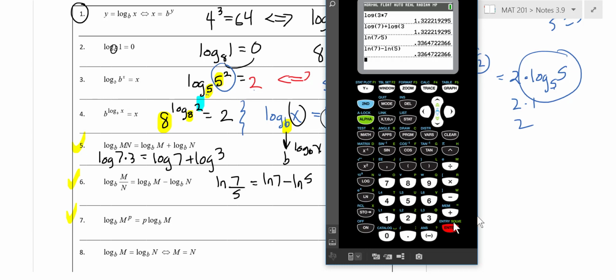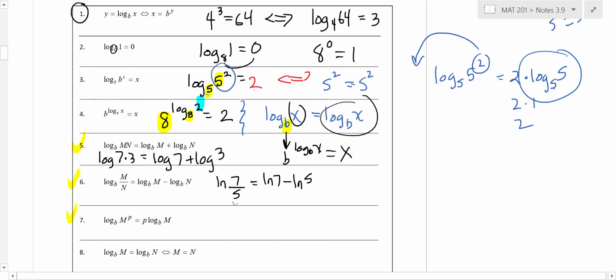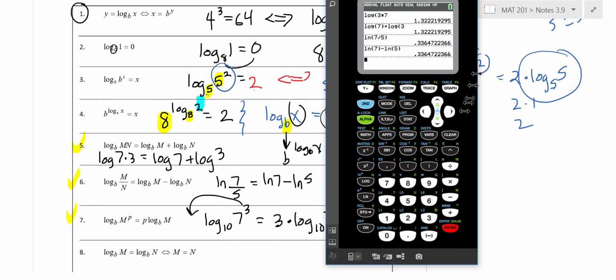Okay. And then the next one, usually students remember this one okay too. If you had something like the log, let's just say you had a log base 10, which is just a log on the calculator of something like 7 to the third. According to this property, you can bring down the 3, and then you can multiply it by the log like that. And they work out the same. You could do this as a quick demonstration on a calculator.